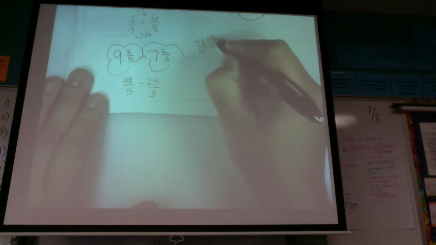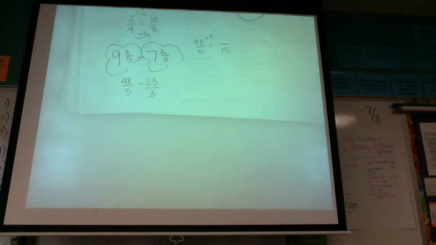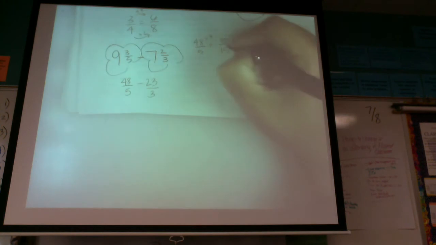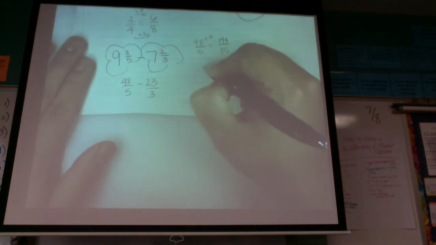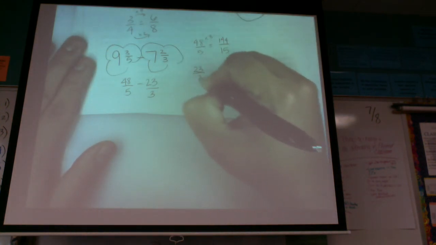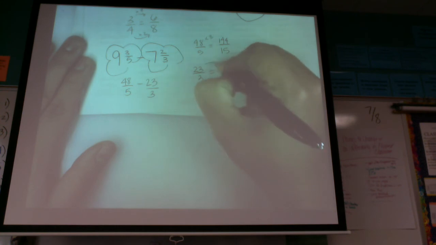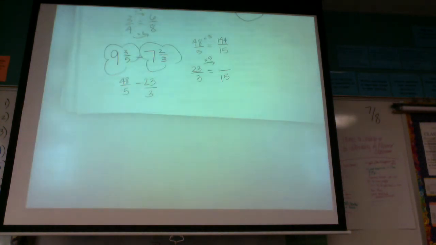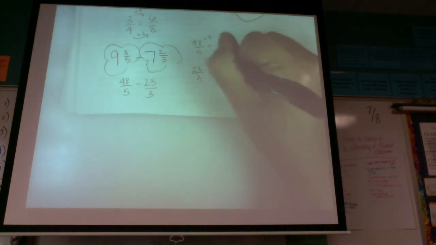So I'm going to multiply 48 times 3. 144. And I have 23/3. Going to multiply 23 times 5. We already did that one to be 115. And now we're subtracting.